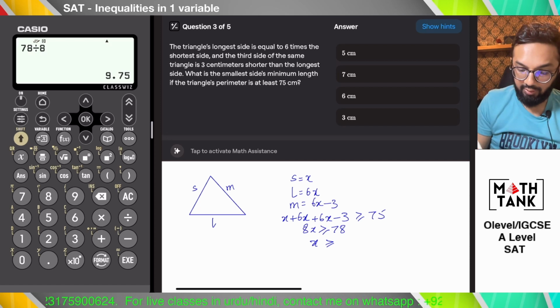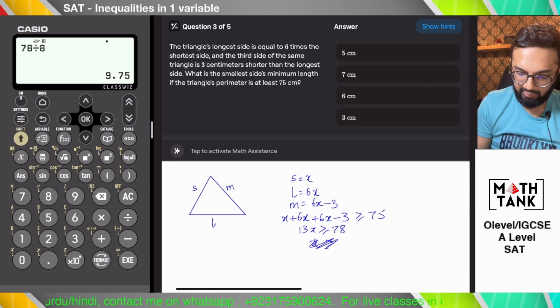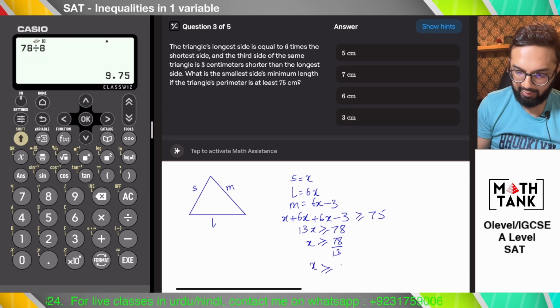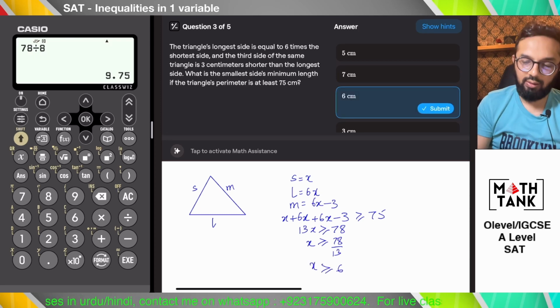My bad, I've added this up incorrectly. This is not 8x, this is 13x. 78 divided by 13 is 6. So x is greater than or equal to 6. That is the correct answer.